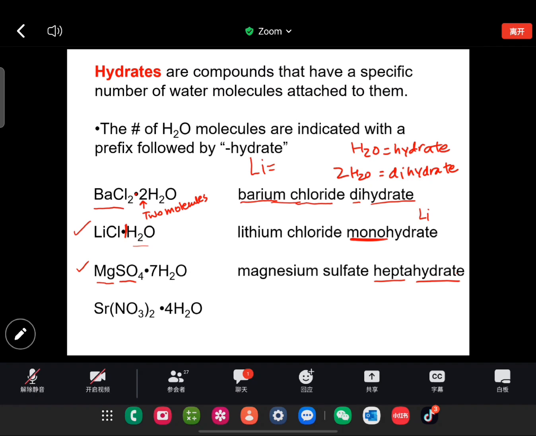So magnesium sulfate heptahydrate. Sr is strontium, NO3 is nitrate, H2O is water, that is the hydrate, 4 is tetra. So the name is strontium nitrate tetrahydrate.